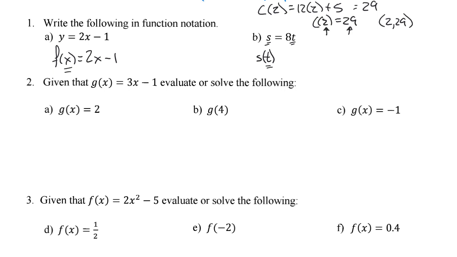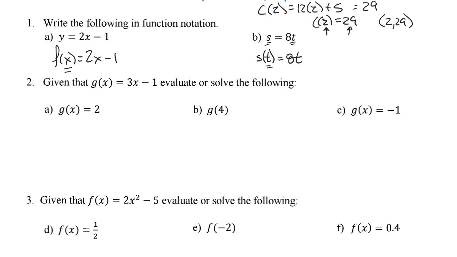Just like over here, I need to express what the independent variable is. And then that is going to equal 8 times t. At first, the first time you start working with this, it might look like we're making this more difficult. The notation is getting a little bit more complicated, but you are going to see through use that this is actually simplifying things a bit. So let's take a quick look at some other questions here.